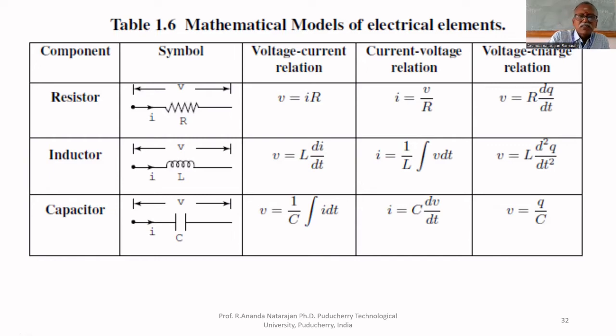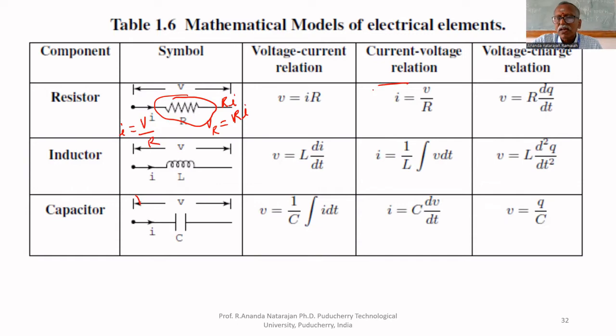Voltage across the resistor VR equal to Ri. What is the current through the resistor? I equal to V divided by R. That is current through the resistor.